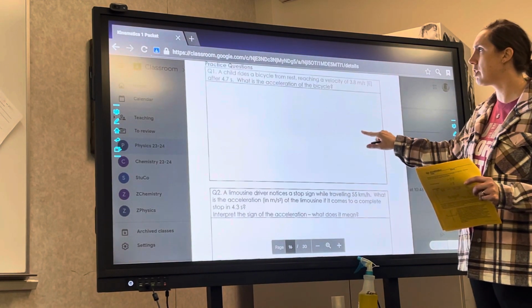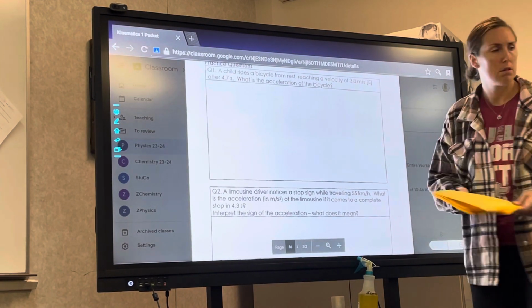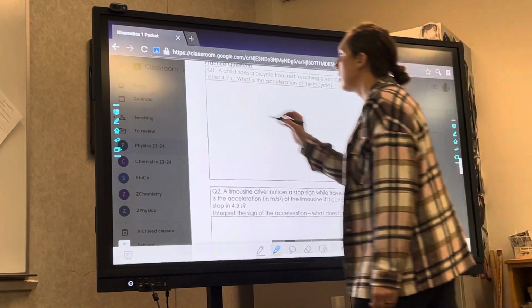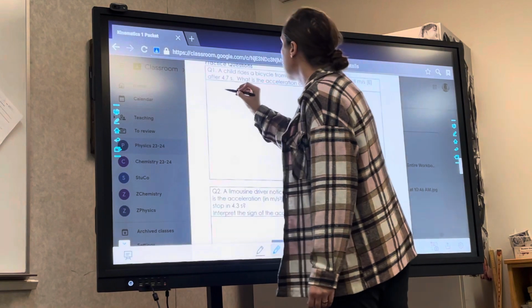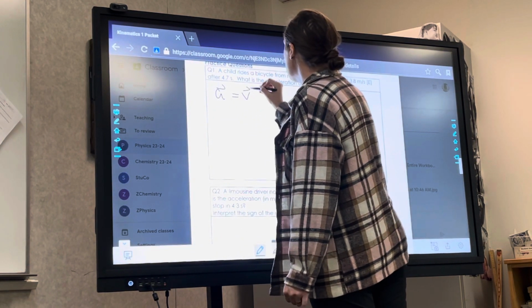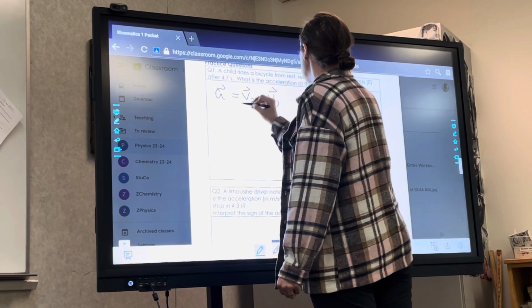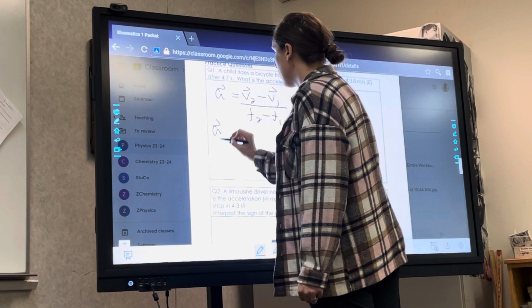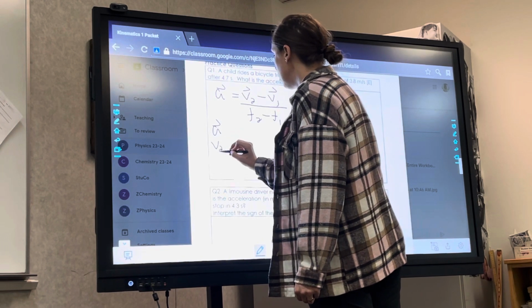Did we do this one? A child rides a bicycle from rest? Nope. Okay. Acceleration equals velocity 2 minus velocity 1 all over time 2 minus time 1. What is my acceleration? What is my V2?